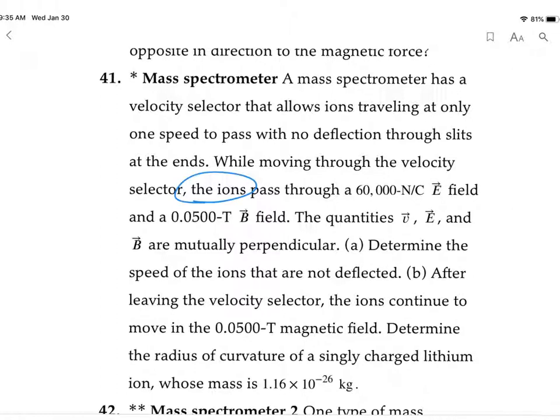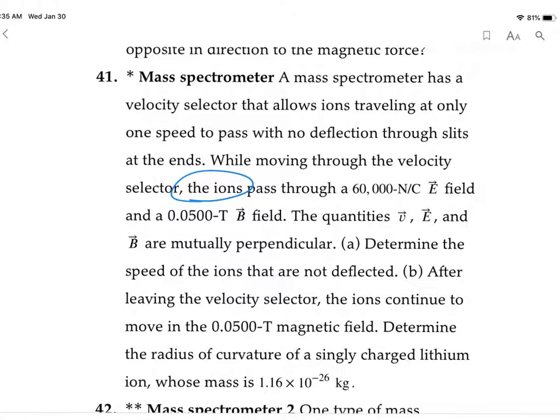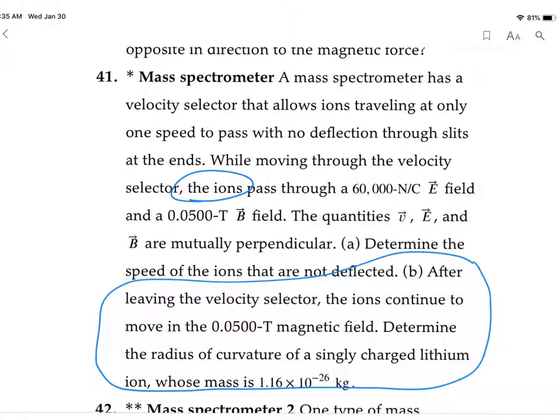So let me just set this up for you. I'm not going to set up the part that is the velocity selector because we've already seen that in the other screencast. But the interesting part is what happens after the particles leave the velocity selector. They're in a magnetic field.